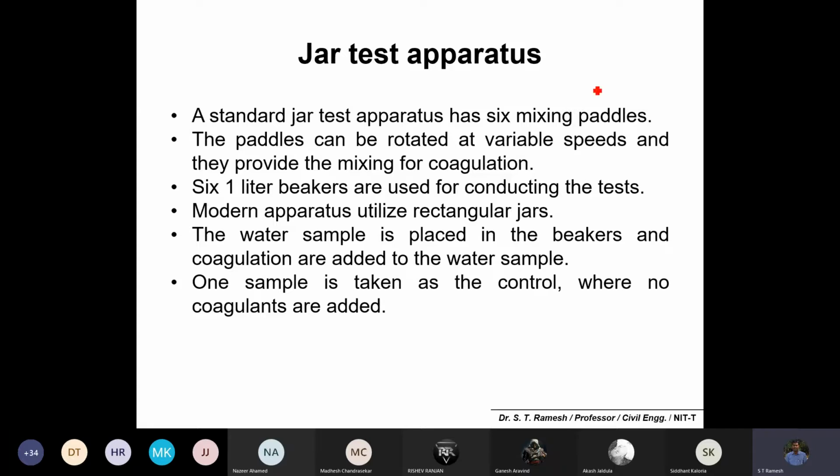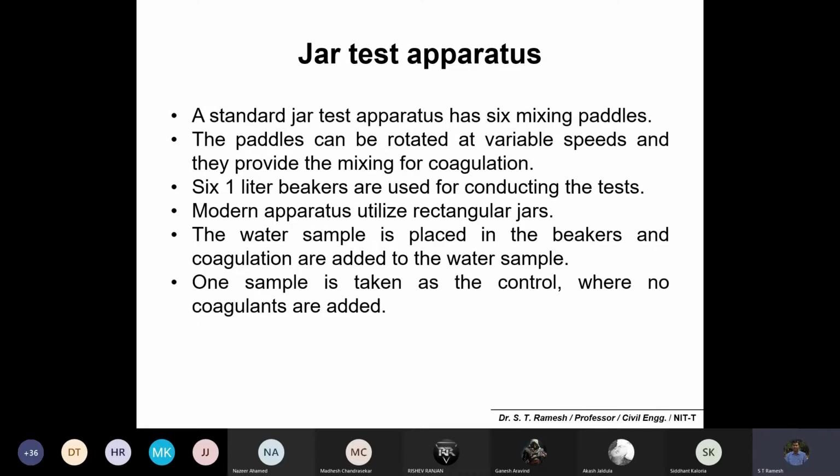We have started the jar test apparatus. Last class we discussed that the approximate dose, as well as the pH range in which it will work better, can be determined by the jar test apparatus in the laboratory. The jar test normally has 6 mixing paddles, and each paddle can be rotated at a variable speed that provides the mixing for coagulation.